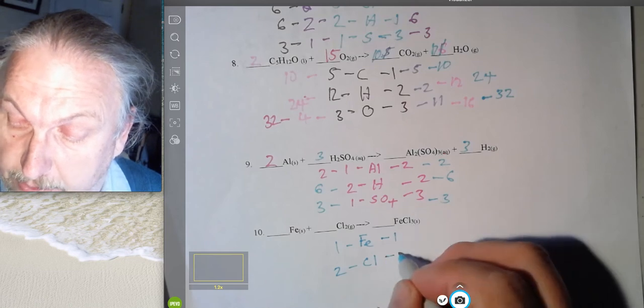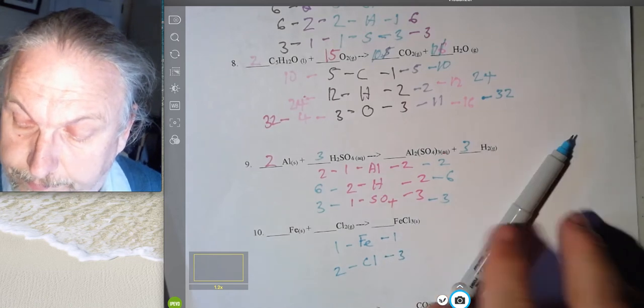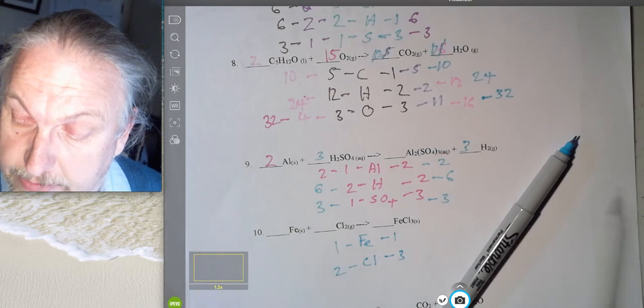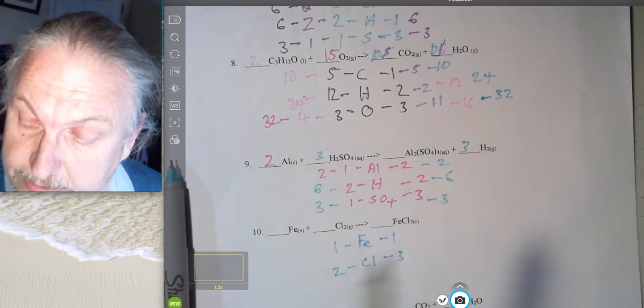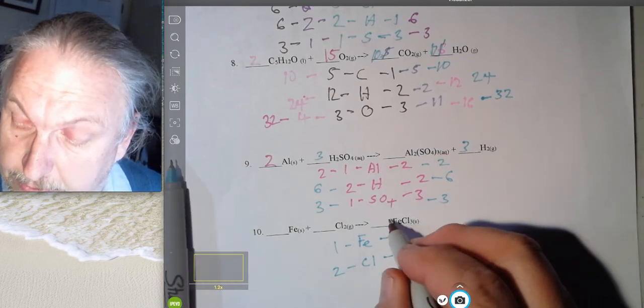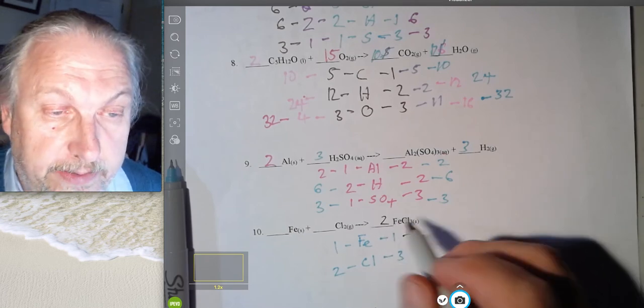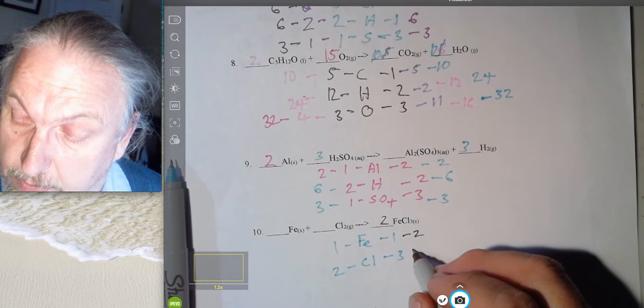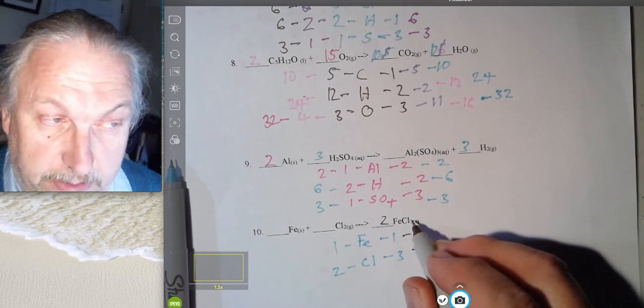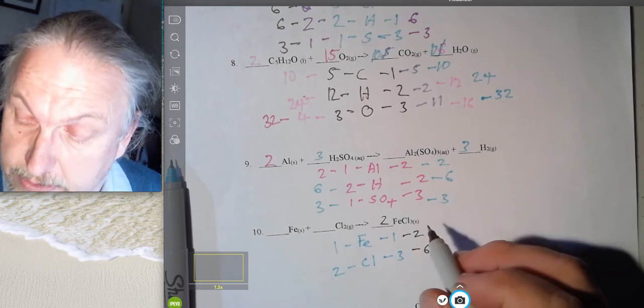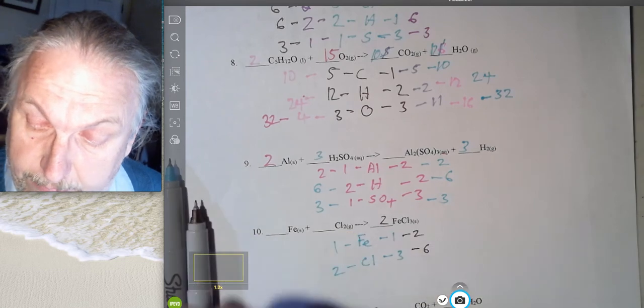But I've got 3 chlorines. Somehow we're going to have to get that right. Let's do this. If I put a 2 there, that's going to give me 2 irons, and 6 chlorines, 2 times 3. So now I've got to put a 2 here.